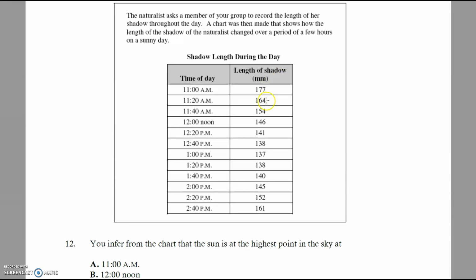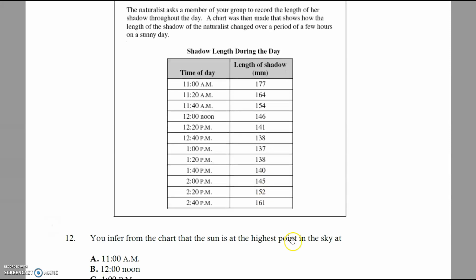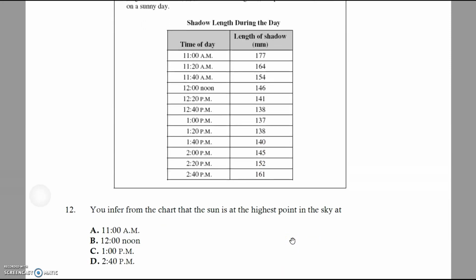So 177, 164, 154, 146, 141, 138, 137, 138, 140, 145, 152, and 161. So you infer from the chart that the sun is at the highest point in the sky at A, 11 a.m., B, 12 noon, C, 1 p.m., or D, 2:40 p.m.